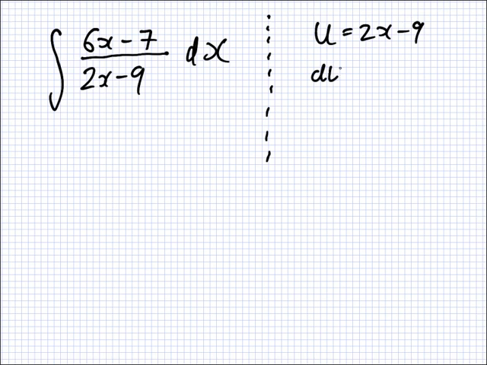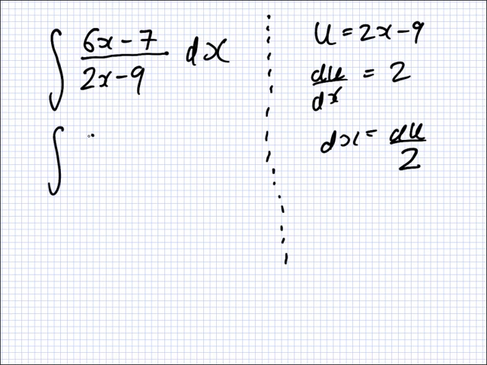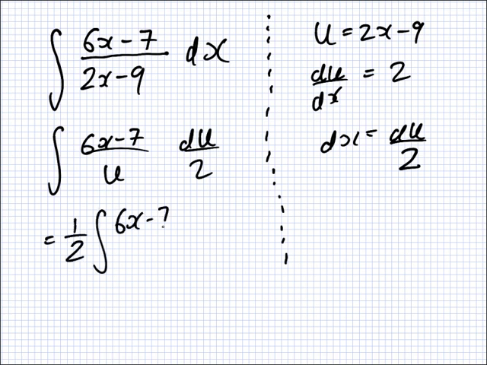So that means du dx equals 2, which means dx equals du over 2. Fine and dandy. So this is 6x minus 7 over u du over 2. Well, I can at least take the 2 out. So that's a half 6x minus 7 over u du.